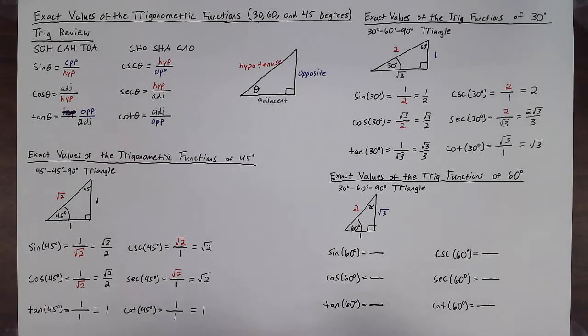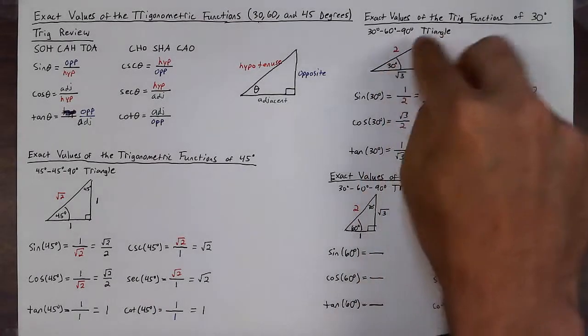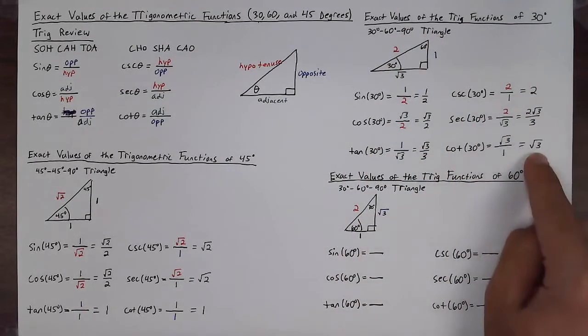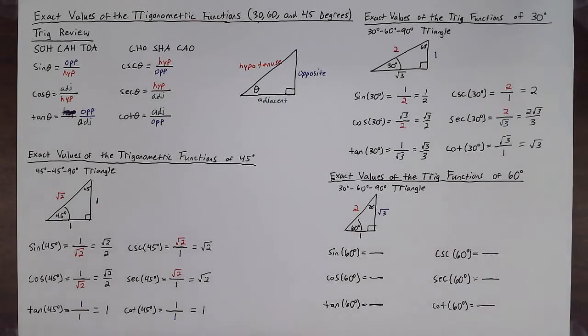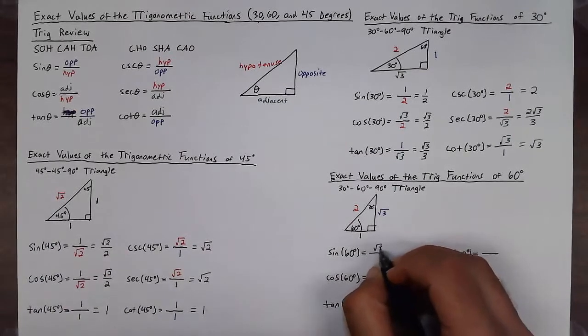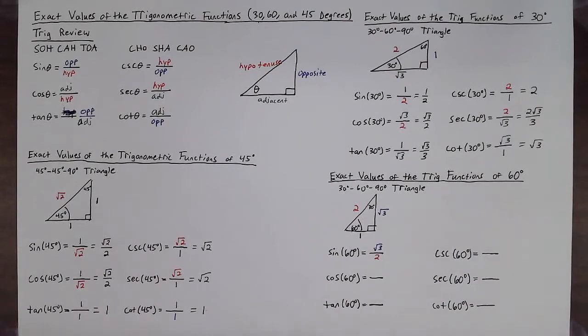Now for 60, we're going to use the same exact triangle, just focus in on the 60 degrees. You'll probably see some similarities in values just because we're still using all the same length sides. So sine is going to be the square root of 3 over 2 for opposite over hypotenuse, which is very similar to what cosine was in the previous angle.